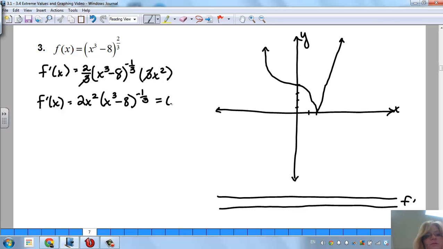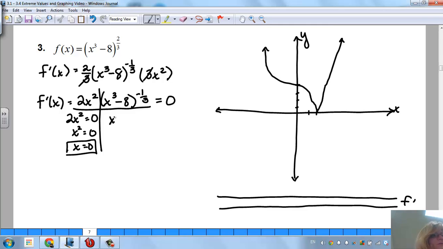We're going to put this equal to 0, make our big T. So I have 2x squared equals 0, so x squared equals 0 if I divide by 2 on each side. Take the square root of both sides, x is 0. So there's 1 point. And here I have x cubed minus 8 raised to the negative 1/3 equals 0.